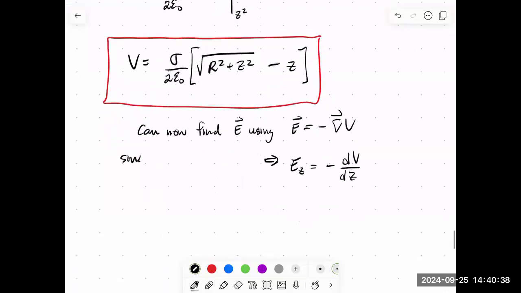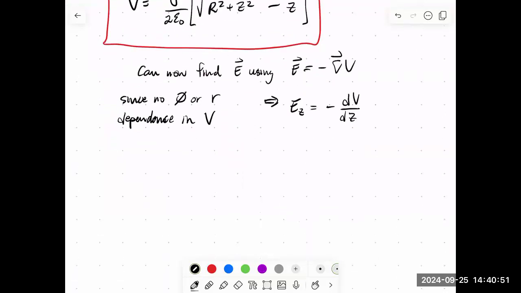Since there's no phi or r dependence in V, we're just calculating the z component. Okay, so Ez is equal to minus d by dz of sigma over 2 epsilon naught, times the square root of r squared plus z squared minus z.